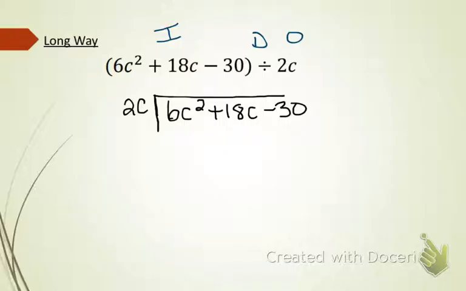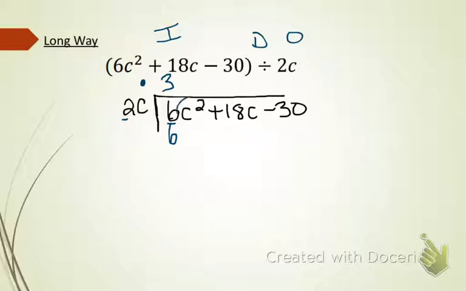The question is, 2c times what will give you a result of 6c squared? So let's look at the 2 and the 6. 2 times what will give you a 6? A 3. Now remember, there's a times here. 3 times 2 is 6. So that's how we get a 6.